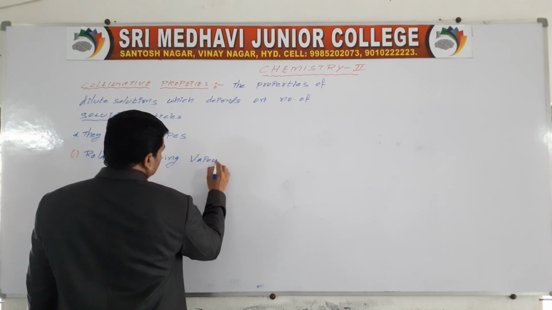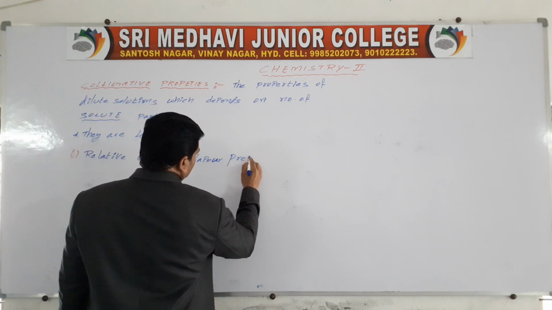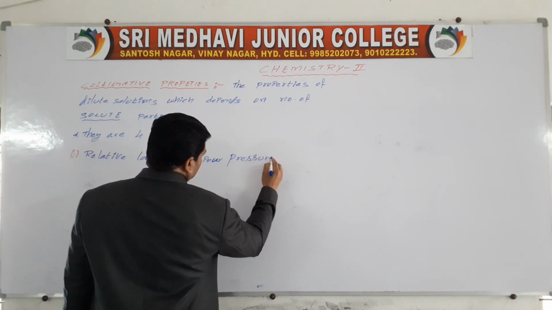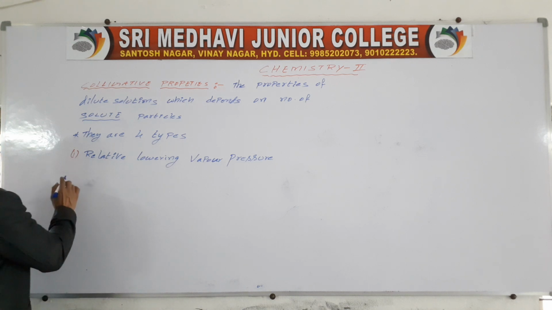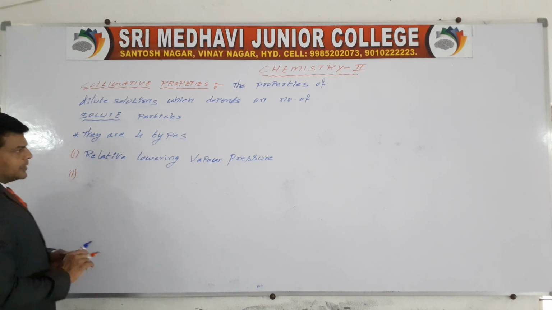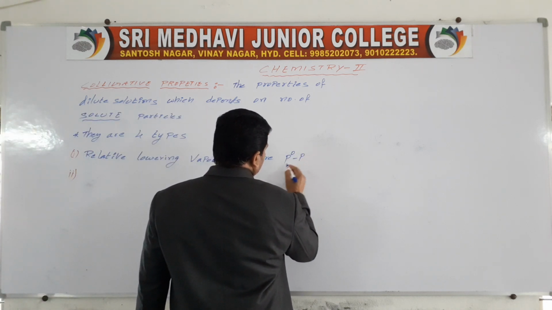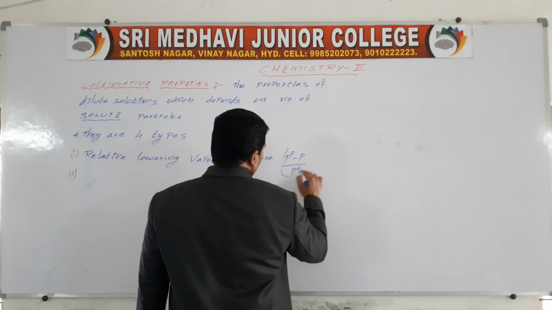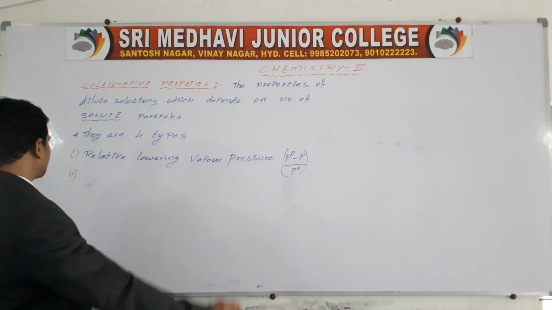This is denoted by P naught minus P by P naught, and is called relative lowering of vapor pressure.